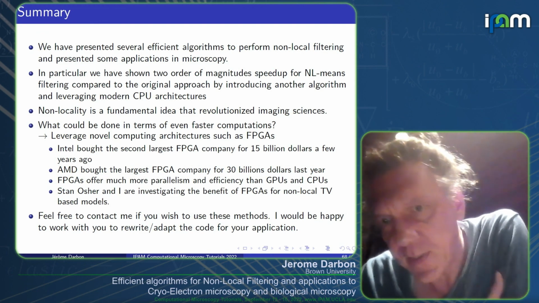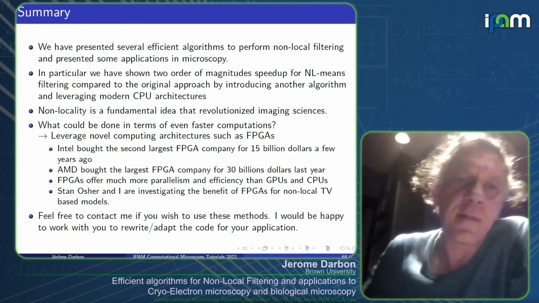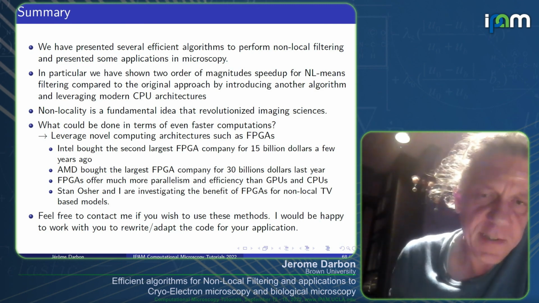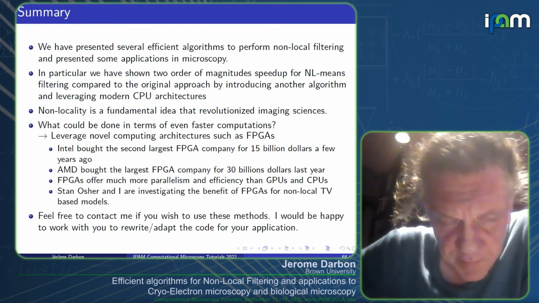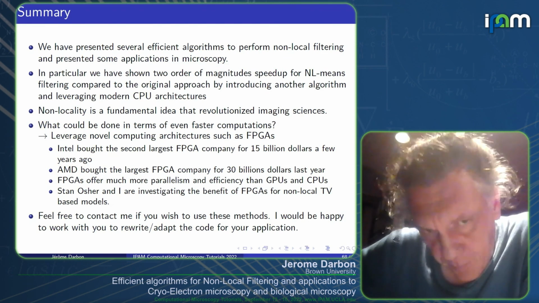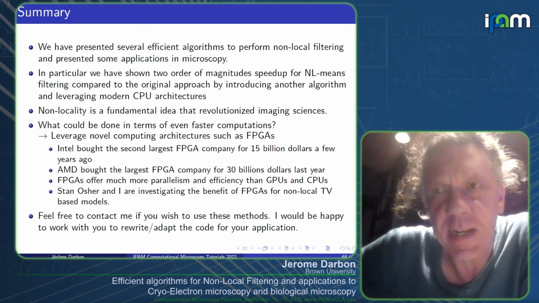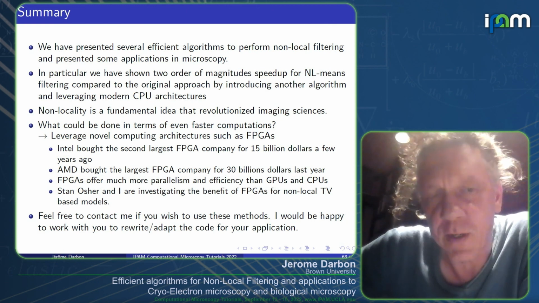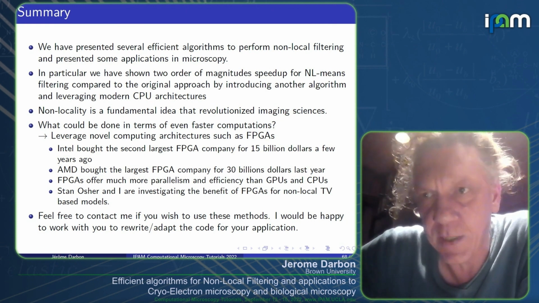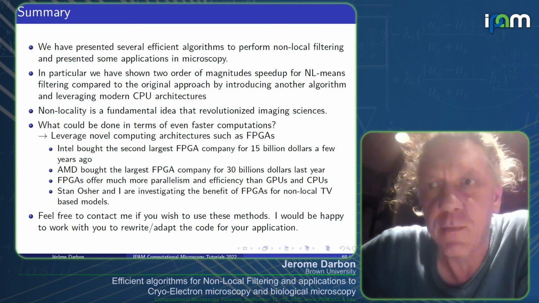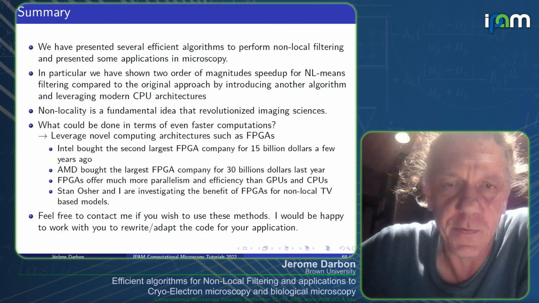The main upshot of using FPGAs compared to CPUs or GPUs is that they offer much more parallelism and much more efficiency. For instance, I've been using FPGAs for solving optimal control problems, and I get a speedup of 10,000s, not 100, not 1,000, it's 10,000s compared to GPUs or CPUs, with only a fraction of the energy to run CPUs and GPUs.